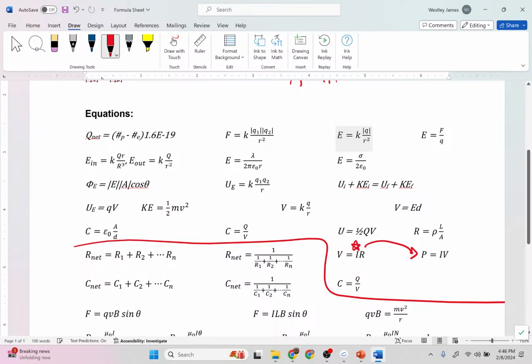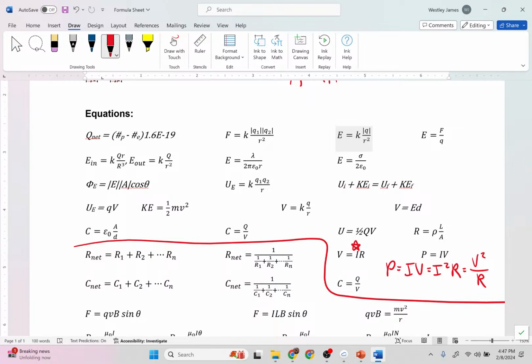You can either do the algebra, or you can have this on your note card. P equals I squared R equals V squared over R. P equals all of those things. And then you choose the one that's actually convenient for the problem. We're going to choose P equals V squared over R. We got V, we got P, we're solving for R. Okay?